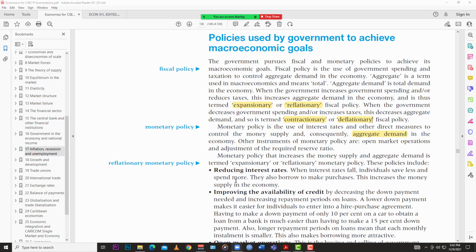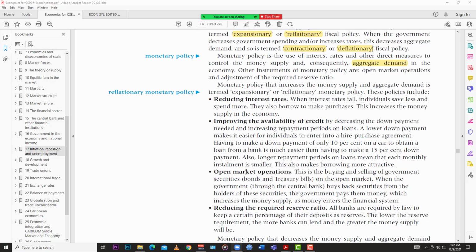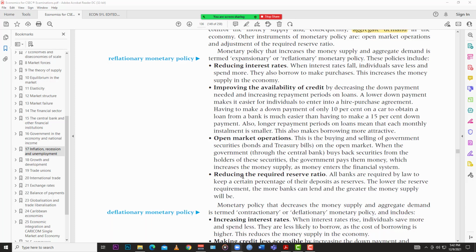For monetary policy, you have interest rates, and you can manipulate the interest rates and the money supply through using various tools. We covered a lot of these tools in POB. So for those who are not doing POB, we'll go through these tools just now.